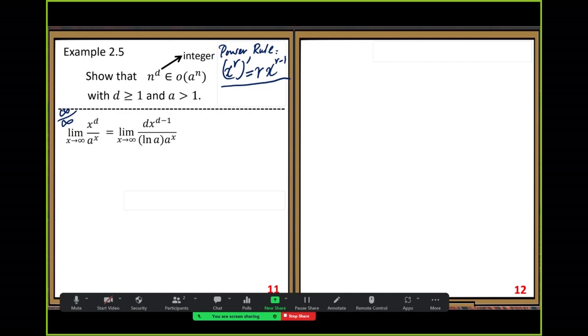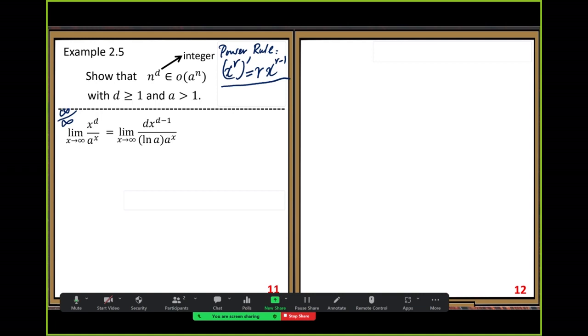After this step, you can see it's still hard to see what the limit is, because if you check, it is still infinity over infinity. So another time we need to apply L'Hopital's rule.